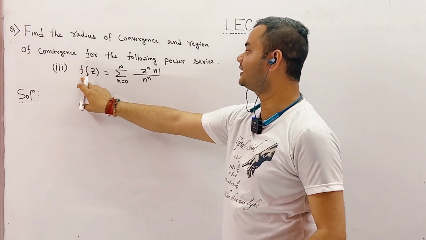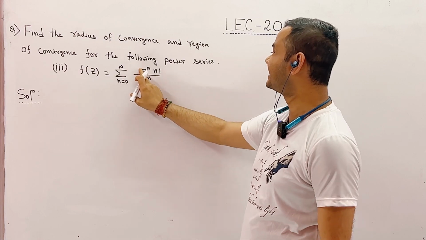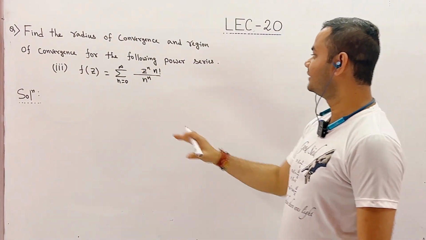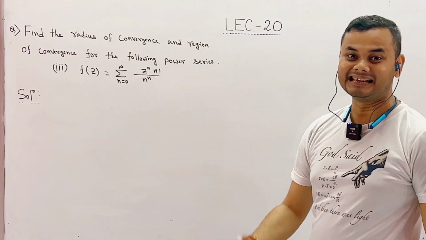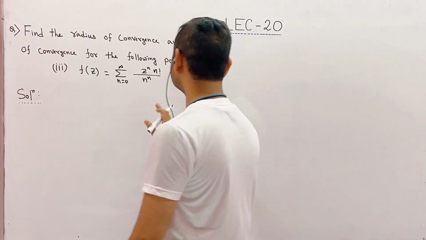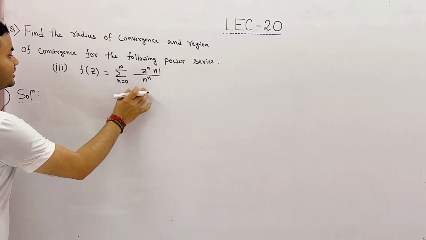According to problem number 3, f of z is equal to summation n goes from 0 to infinity z to the power n into n factorial divided by n to the power n. Again, we have seen that this power series is expanded about the origin because z naught is equal to 0. Now, let us find out the nth term and n plus 1th term of this power series.